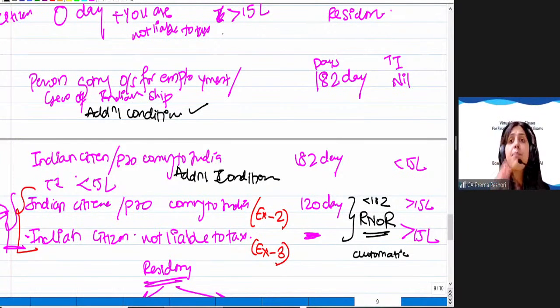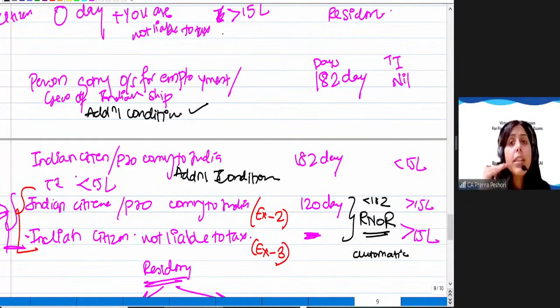Third category: a person who has always been outside India, a citizen or person of Indian origin, and who has total income other than income from foreign sources. In that case, you replace 60 days with 120 days. So 120 days, and in the last 4 years 365 days. Clear? Then you would be considered a resident.